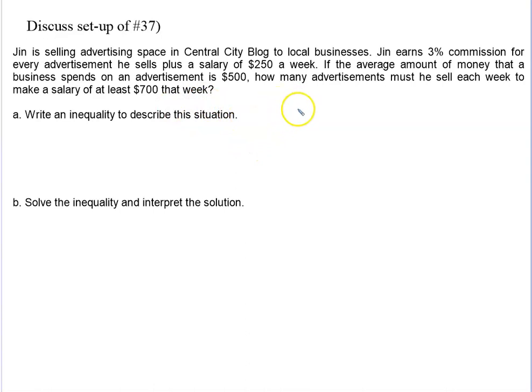So we need to define a variable. So the answer to the question, how many ads must he sell, we're going to let that variable be the number of ads. We just let the variable basically answer the question.